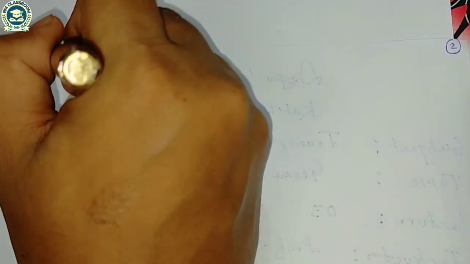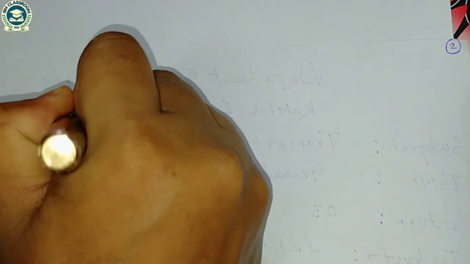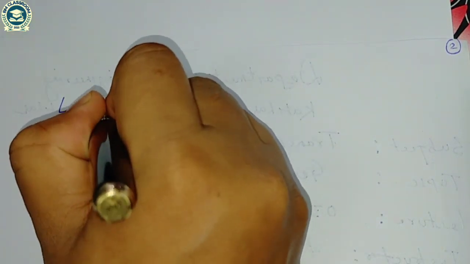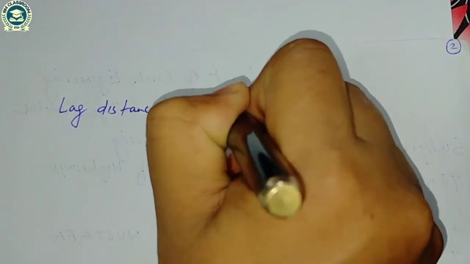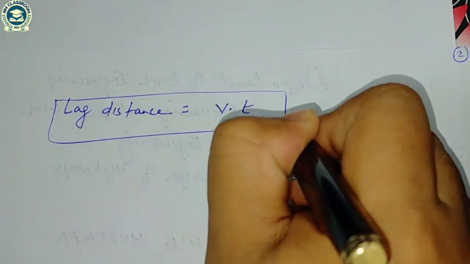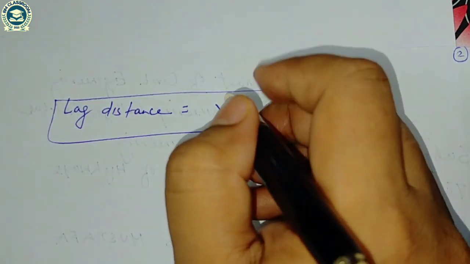So lag distance is equal to velocity into time, the speed of the vehicle into time.